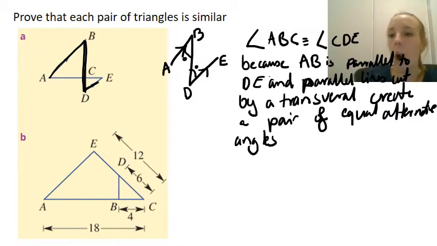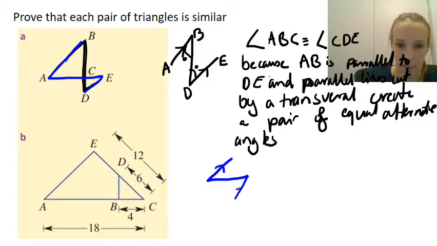Okay, so then, I'm going to change my pen color, we can also see here we've got the same kind of thing going on. If I was to draw that, we've still got this line and this line being parallel. This is B, this is A, this is E, and this is D. This angle here is going to be equal to this angle here.